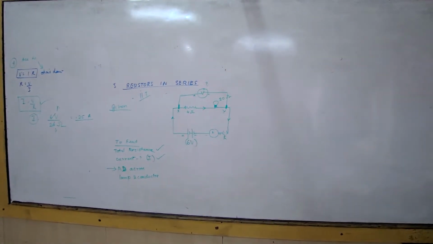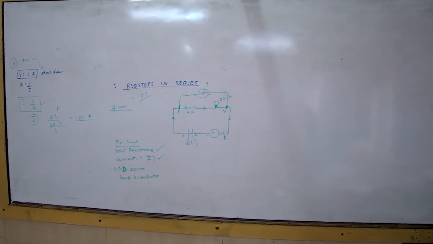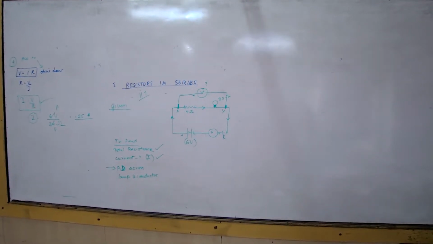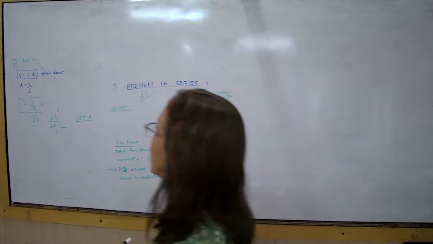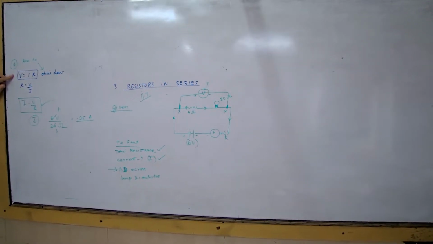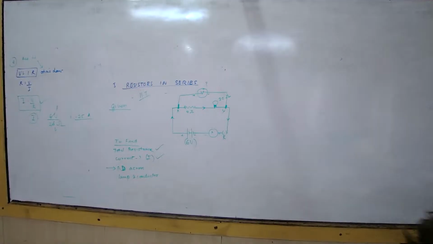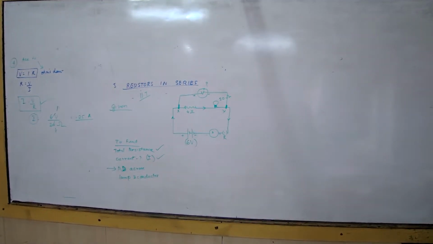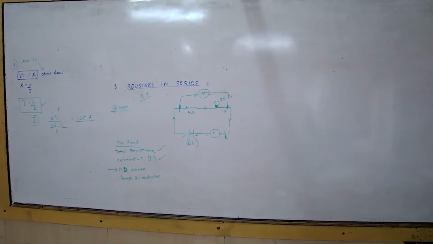Okay. Then what else are they asking? What is the potential difference across the electric lamp and the conductor? Once again, we can use this. You have 0.25 A, which is ampere.